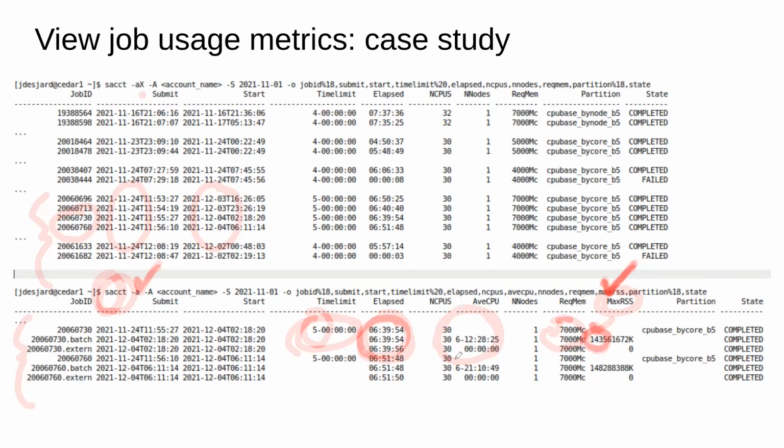That's basically the number of cores times their percentage of activity over the period. So I think if all 30 cores were running for 7 hours, that would be something like 8 days.